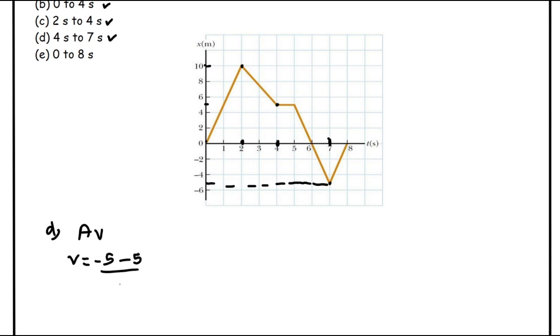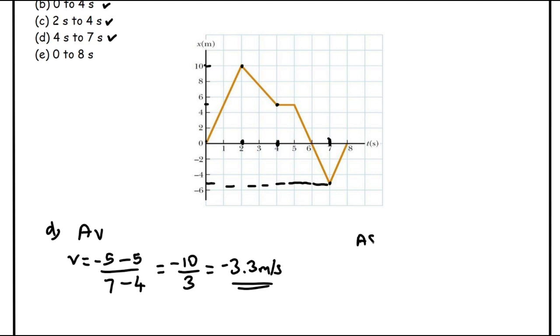So that's -5 minus 5, divided by the time interval, 7 minus 4. This gives us -10 over 3, making the average velocity -3.3 meters per second.